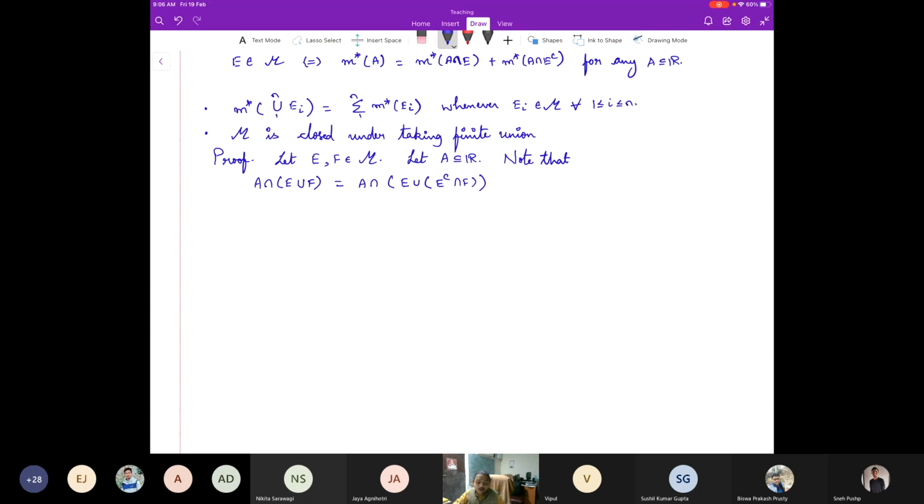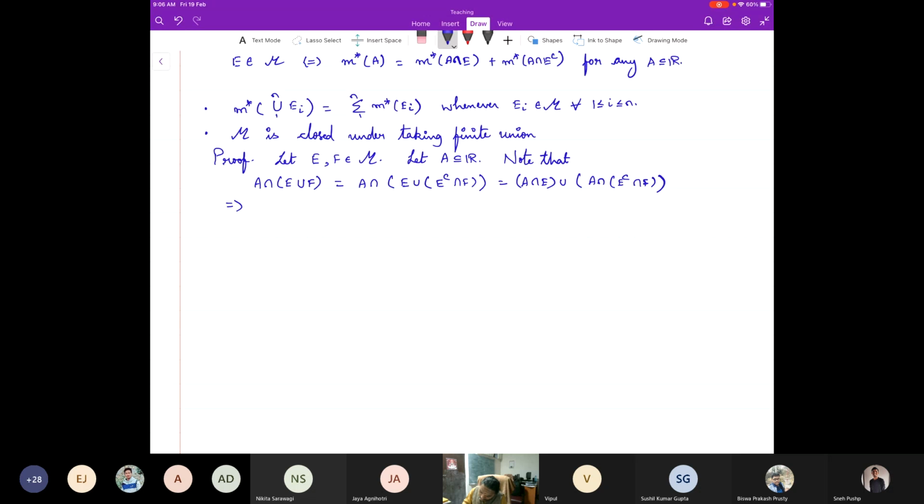And therefore I can write this as A intersection with E union A intersection with E complement intersection with F. Yes, this is the main thing that I wanted.